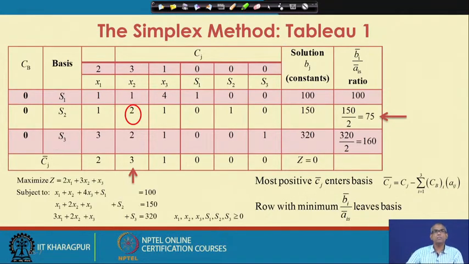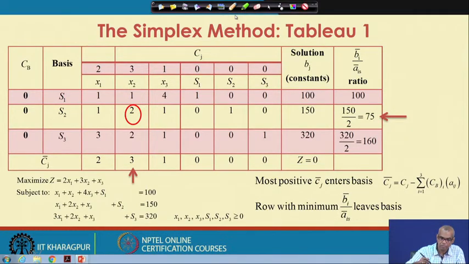So, this is what you get as tableau 1. S1, S2 and S3 are the basic variables, their cost coefficients are all 0, and x1, x2, x3 are the non-basic variables.